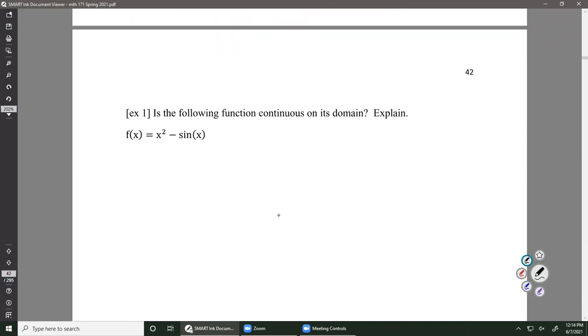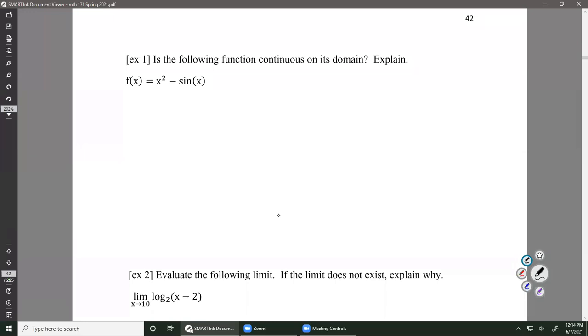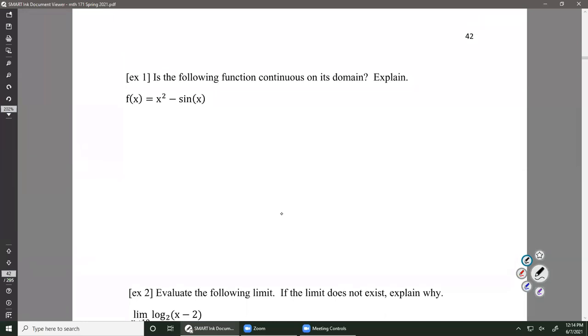All right, so we have this example 1. Is the following function continuous on its domain? Explain. Since you guys are sitting so far apart, just think about this for a second.